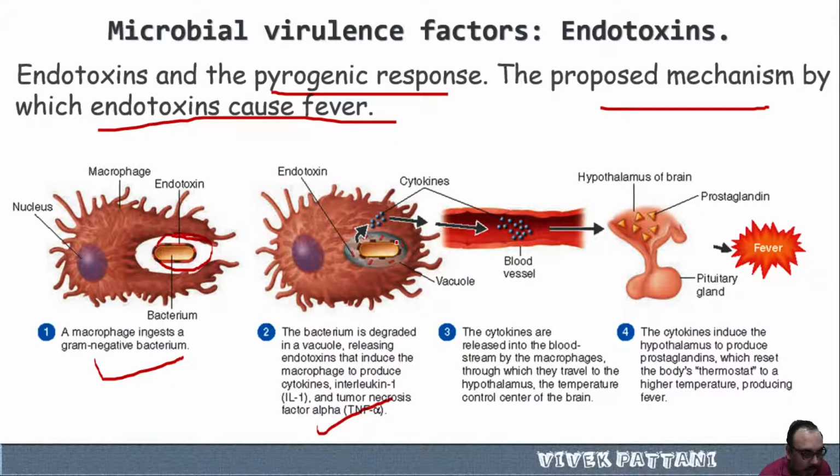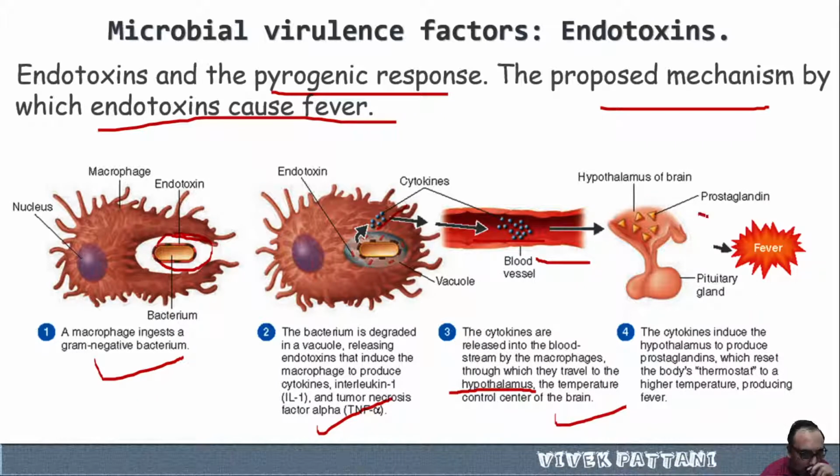The bacterium is degraded by the action of the macrophage, which induces the macrophage to produce cytokines, interleukin 1 as well as tumor necrosis factor alpha. These cytokines are released in the bloodstream by macrophages, through which they travel to the hypothalamus, the temperature control center of the brain.